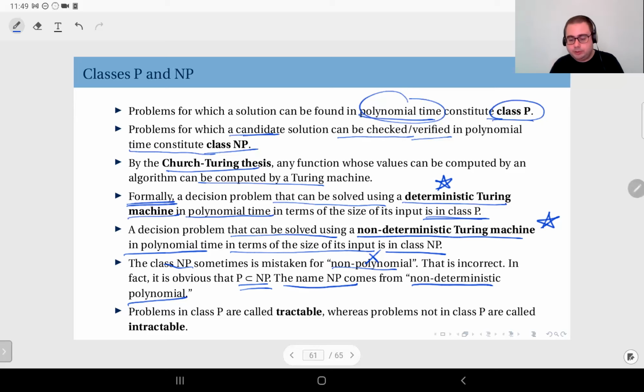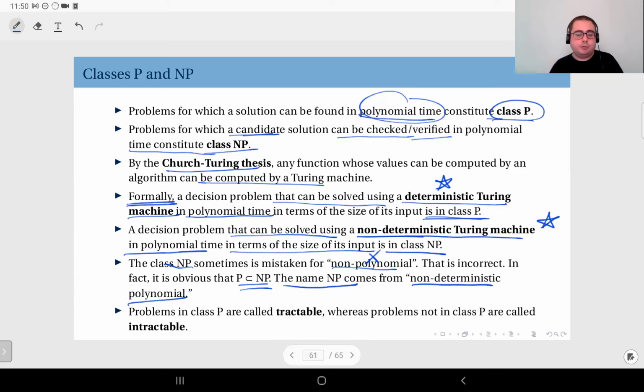On the other hand, with a non-deterministic Turing machine, there might be multiple rules to apply when you have the current state and the current tape symbol. All of those lead to execution branching. And by using that, you can check a candidate solution, whether that is a solution or not, by branching out for every possible input.